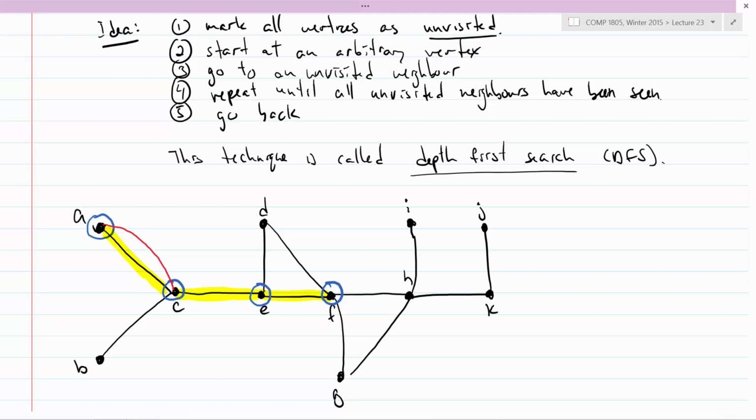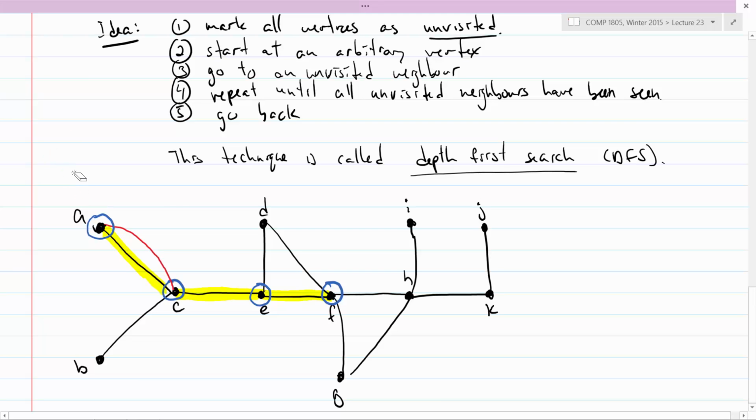You go back to the one you came from. So I went from C to A, so I go back to C. So like if there was another vertex like up here, I would go back to A first, see there was nothing else, and then go back to C.